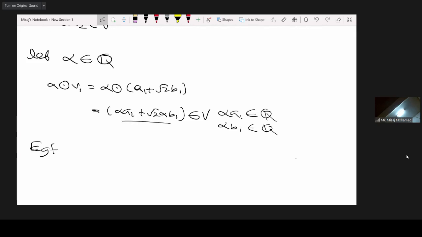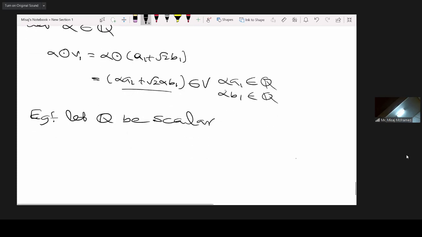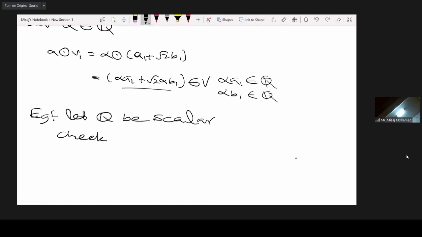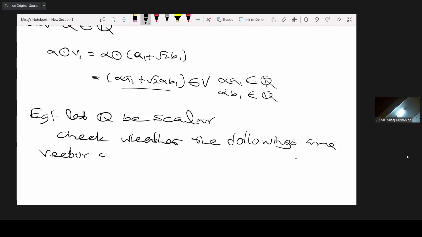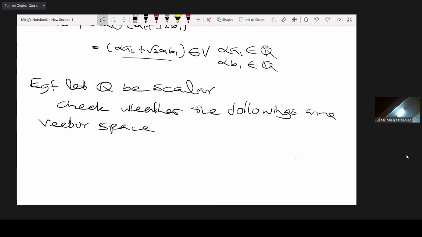Let Q be the scalar. Check whether the following are vector spaces.